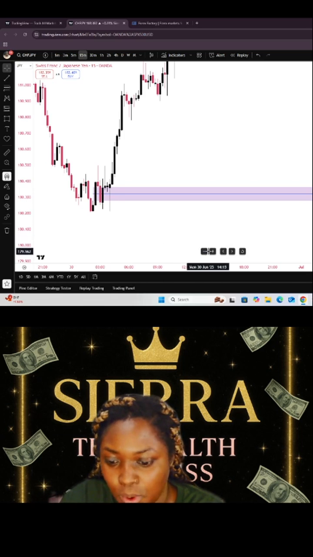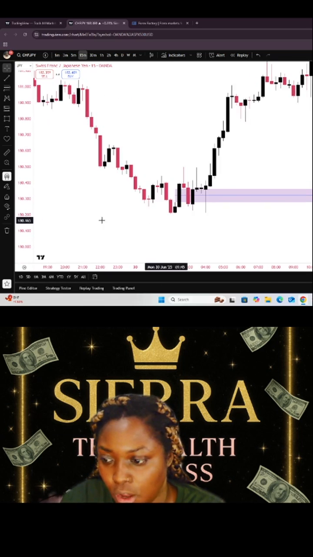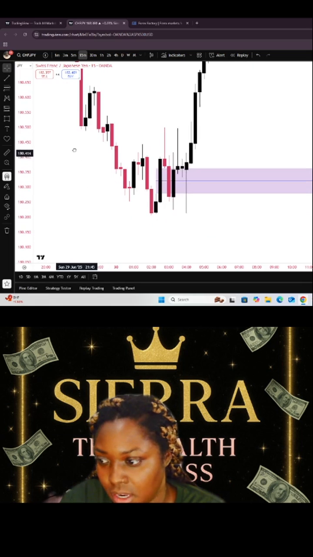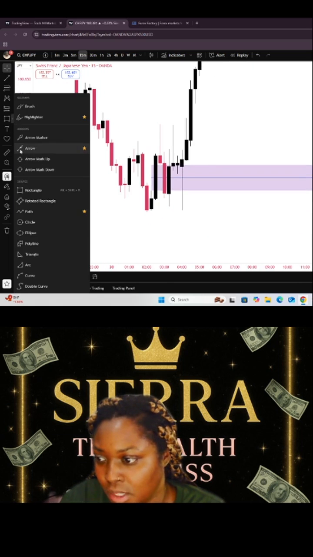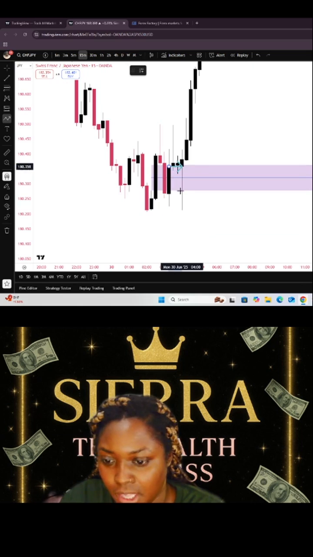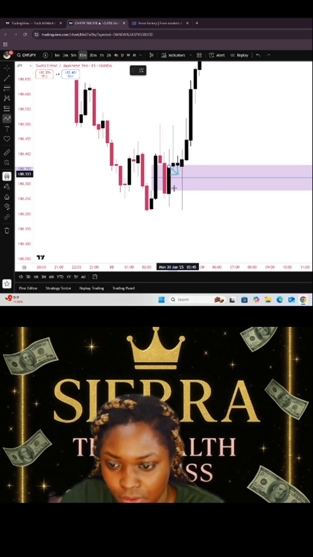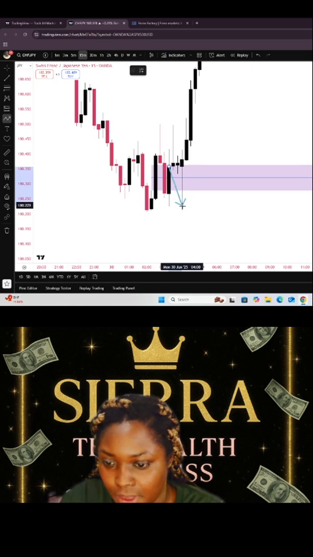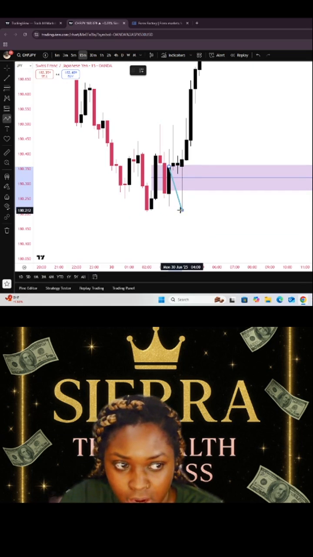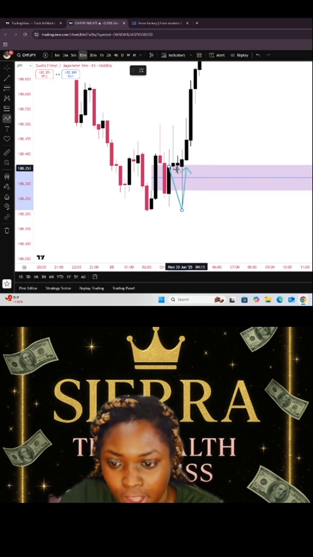Okay, this is why you want to wait for your candles to close. You never want to get in and just assume, okay, it's falling. Yep, it fell. It came all the way down here, but then it came and closed on top of the zone.